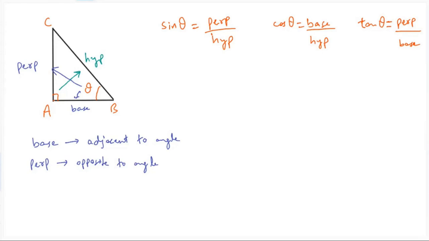Now there's a way to remember this. So now different people remember it different ways. One possibility is, you might have heard that some people have, so let me actually use capital letters there, just to remember these things. Perpendicular over hypotenuse कब होता है, base और hypotenuse कब होता है, perpendicular over base कब होता है.